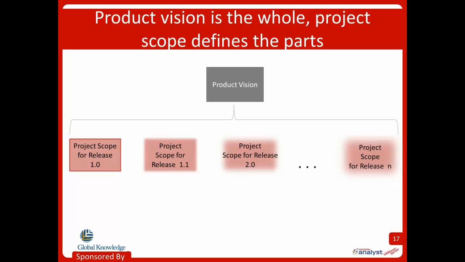As we look out in the future towards fulfilling the rest of our vision, the scope of future releases is going to certainly be much, much fuzzier than what we know today. And that's what this diagram is trying to show you. As we go to the right, that scope gets pretty fuzzy. Right? And again, this is applicable whether you're doing waterfall or agile or some other incremental iterative approach to development. Right? These scope releases that I'm showing here could be 2 weeks, they could be 6 months, they could be 2 years.